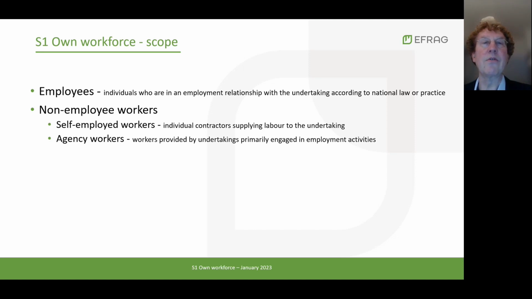These are workers who are often used in the normal operations of the companies, and they include self-employed workers, that's individual contractors who supply labor to the undertaking, and so-called agency workers, workers provided by undertakings primarily engaged in employment activities. So there's a diverse set of workers covered by this standard.